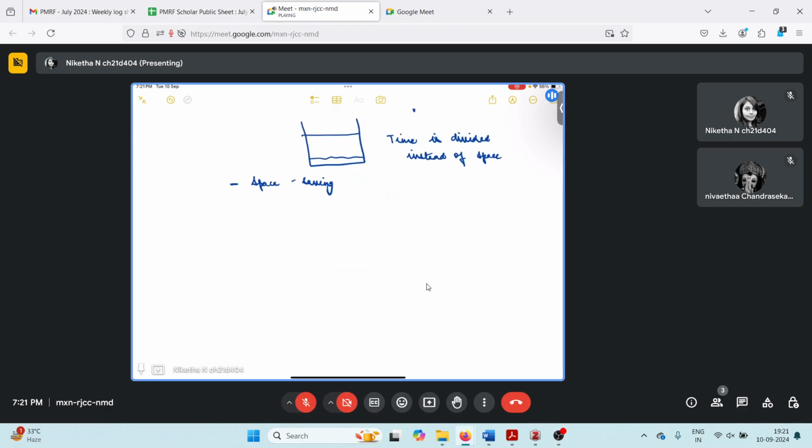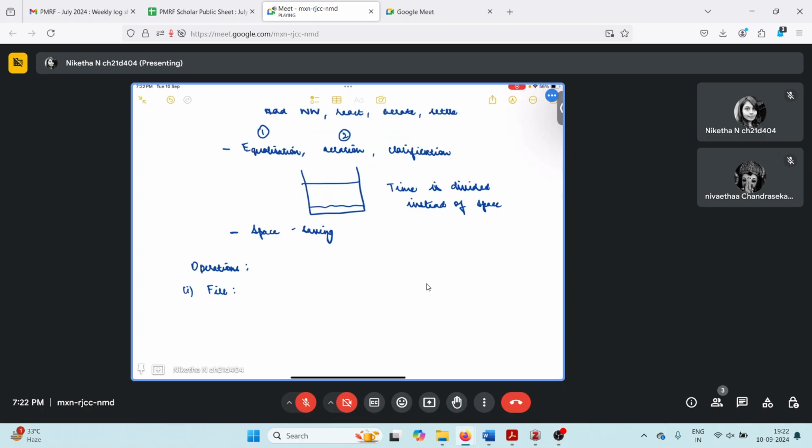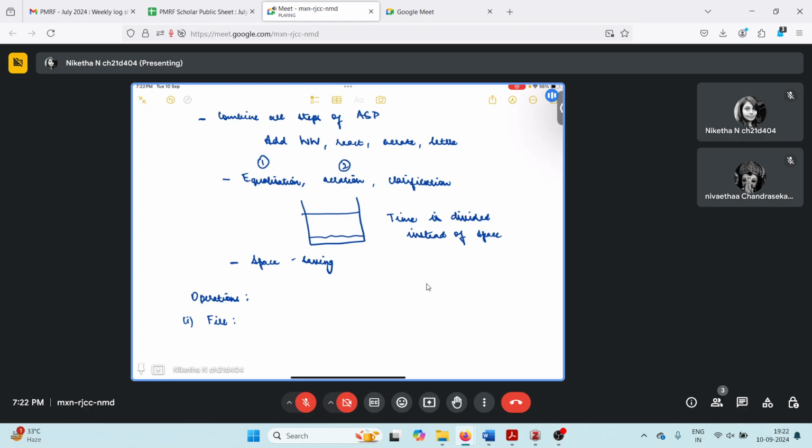Okay, so basically there are 4 types of operations that are taking place in a sequential batch reactor. The first one is the fill. So in this one, whatever wastewater we have, that will be filled inside the reactor.